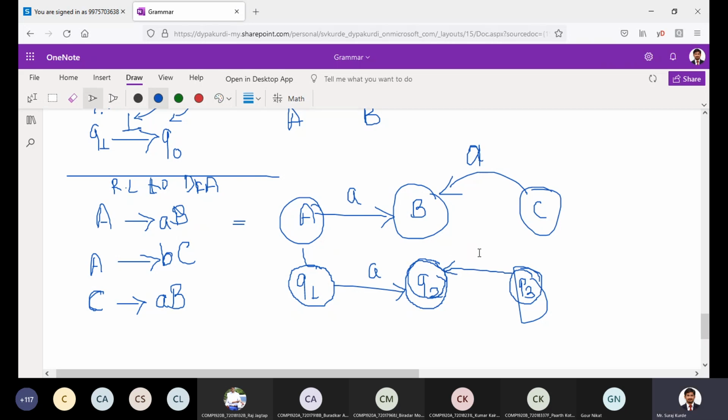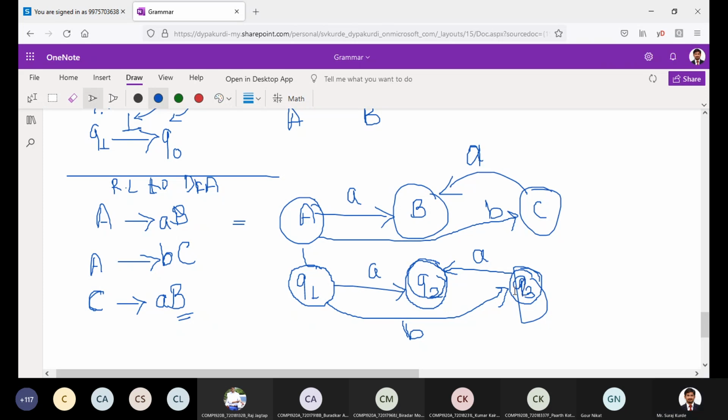It should go to Q2 only. It should not be a new state because B is already there. Whatever renaming is done, we should use the same name for all the transitions and all the production rules. See, C is renamed as Q3. So for Q2 on input b, there is a transition to state C.